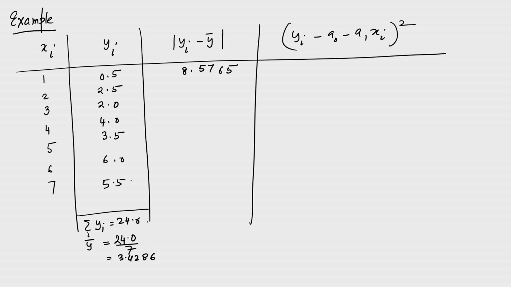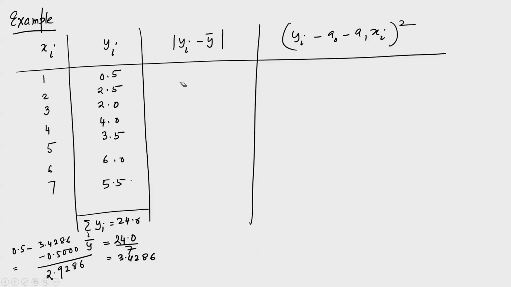So, it is 0.5 minus 3.4286, which would give me, of course, a negative number, but we will take the absolute value. So, it is 2.9286.